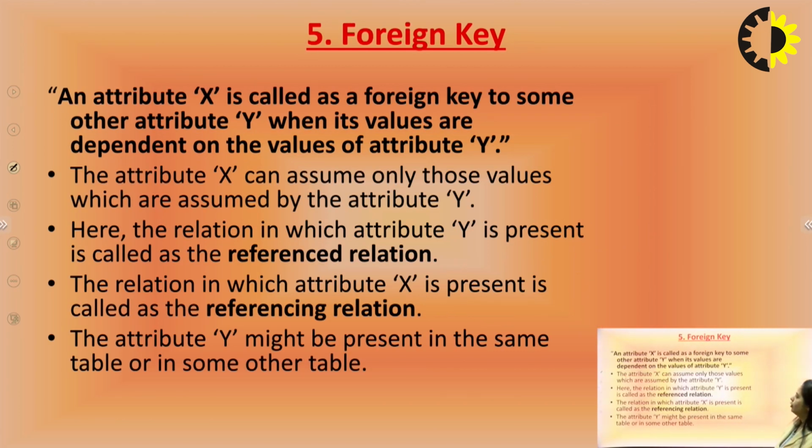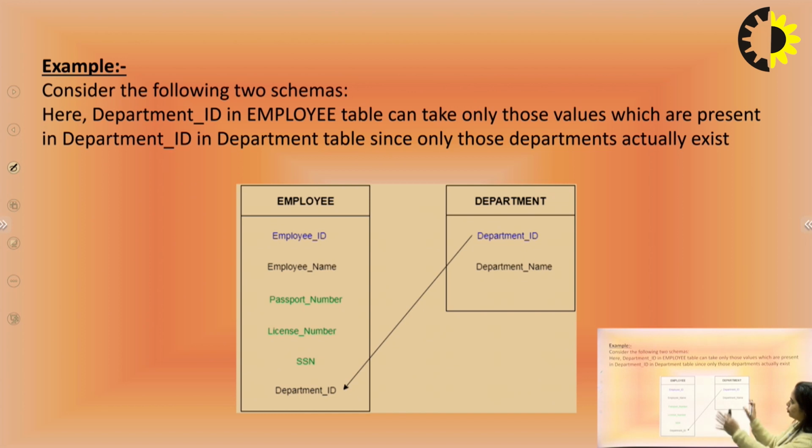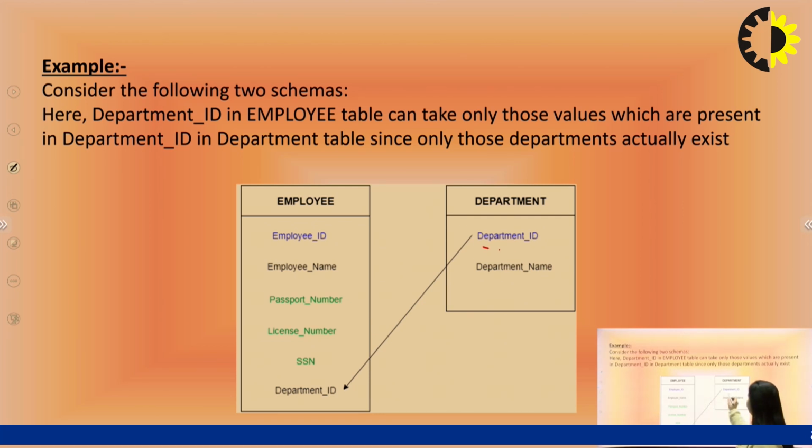Next, what is the foreign key? Let's have an example first to understand its definition. Suppose we have two schemas, two tables. One is employee, the other one is department. We have these attributes: employee ID, employee name, passport number, license number, SSN, department ID, department name. In both of these schemas or tables, department ID is a common attribute, and in one table it will work as the primary key.